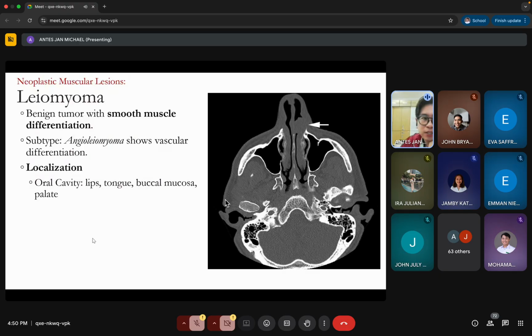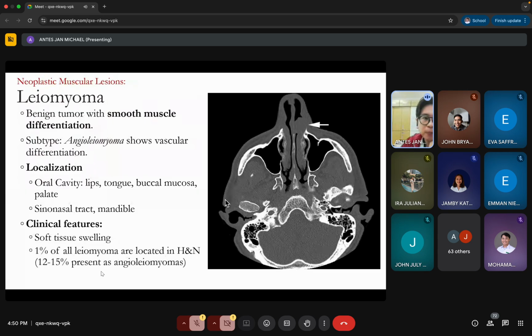You can see these lesions in the lips, tongue, buccal mucosa, palate, sinonasal tract, mandible. So basically anywhere where there are blood vessels. The clinical feature you will see is soft tissue swelling, and 12 to 15% of all leiomyomas in the head and neck present as angioleiomyomas.